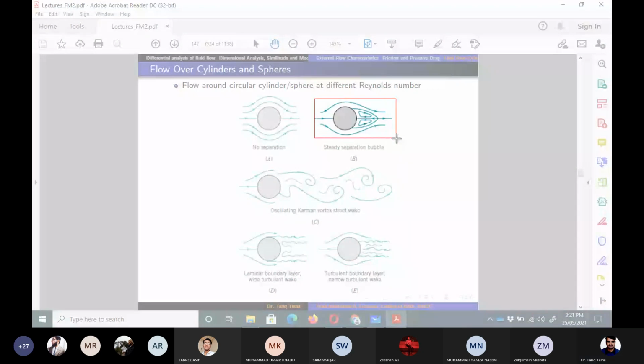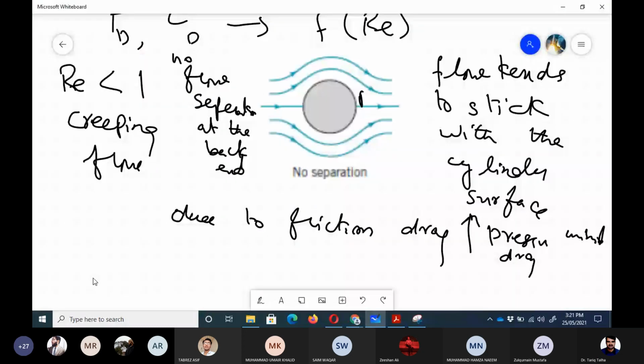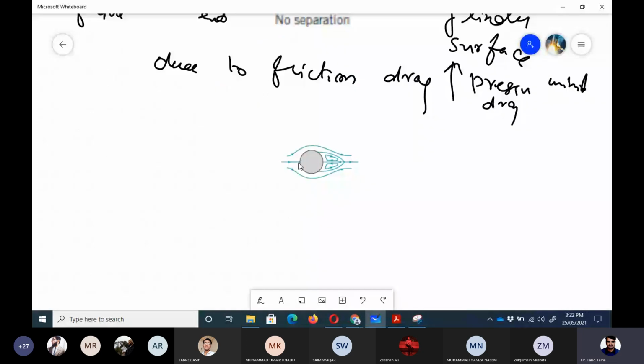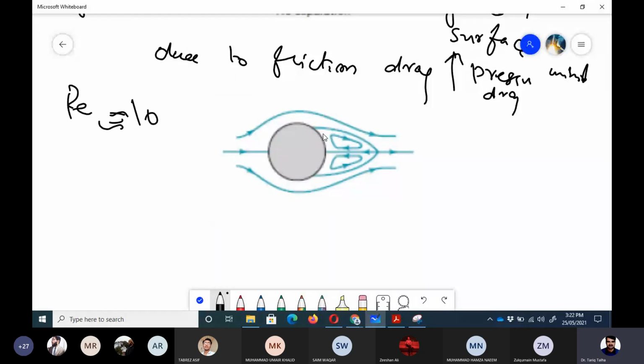Now if I copy it here, now you can see that in this case, Reynolds number was equal to 10 to 20. So when Reynolds number is 10, you can easily see that there is some kind of flow separation at the back end.